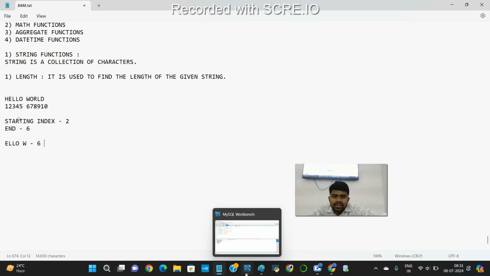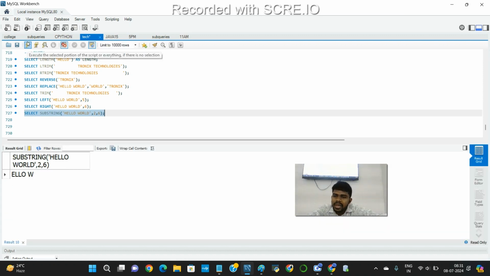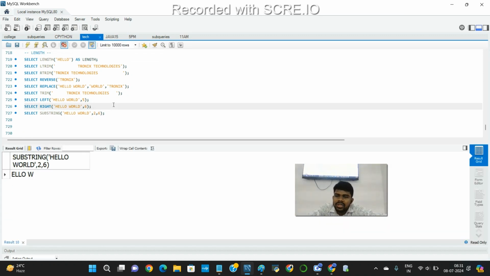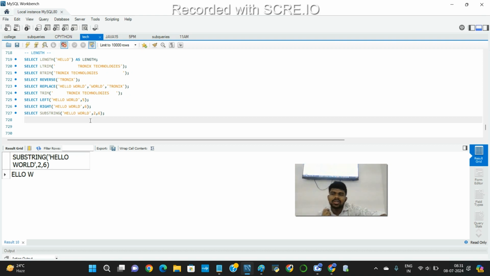Now let's replace the original string; my starting index is 2 and length is 6. The substring I am fetching has length 6. Exactly. So it is fetching the characters from E to W. This is the purpose of the substring function.